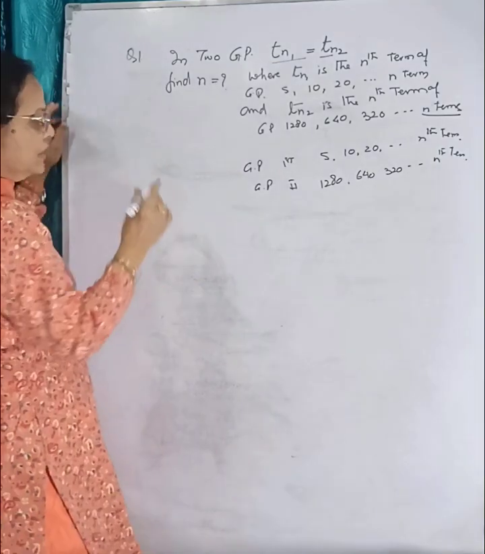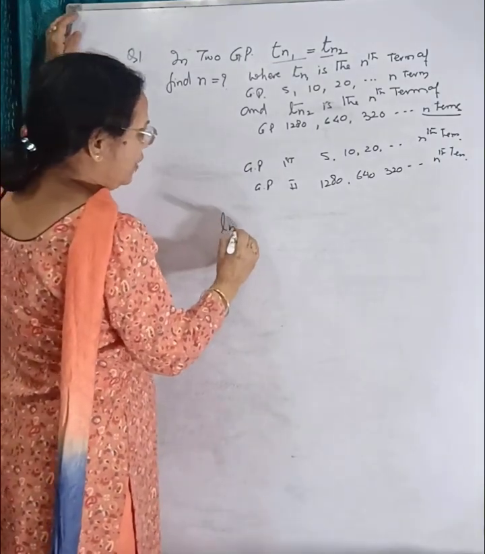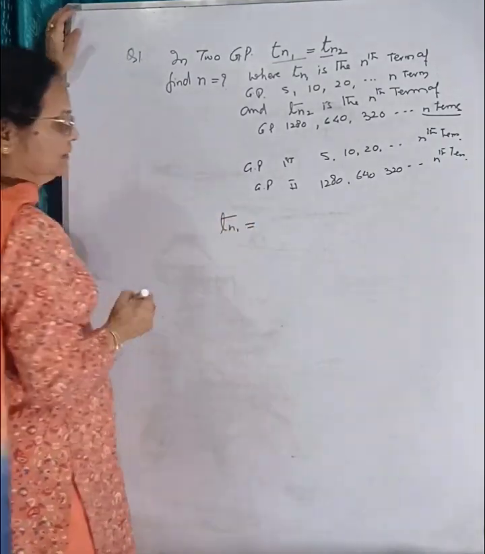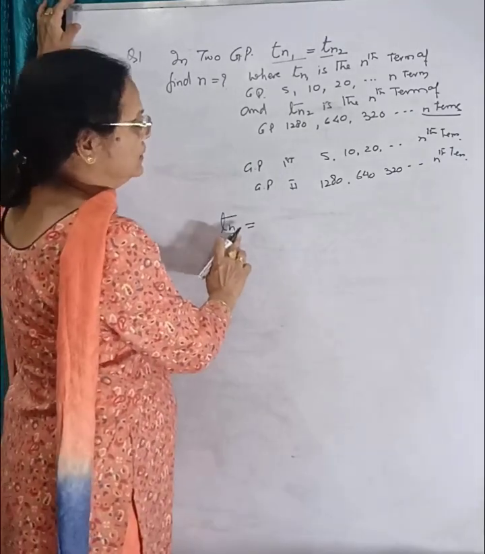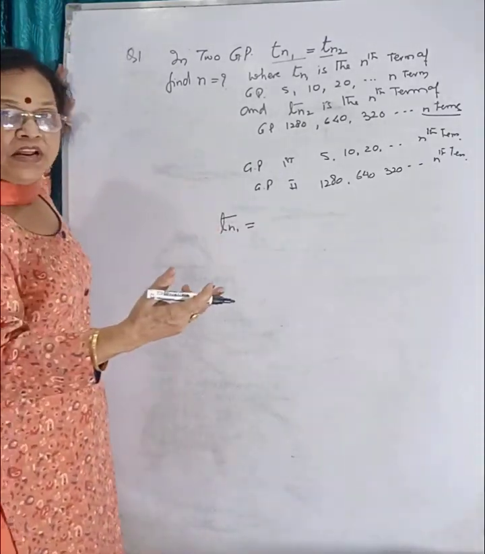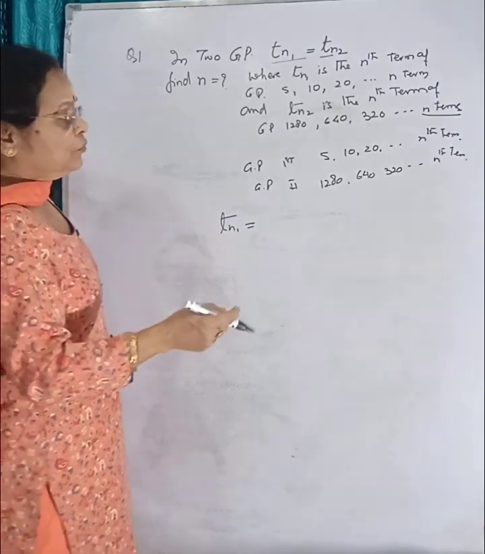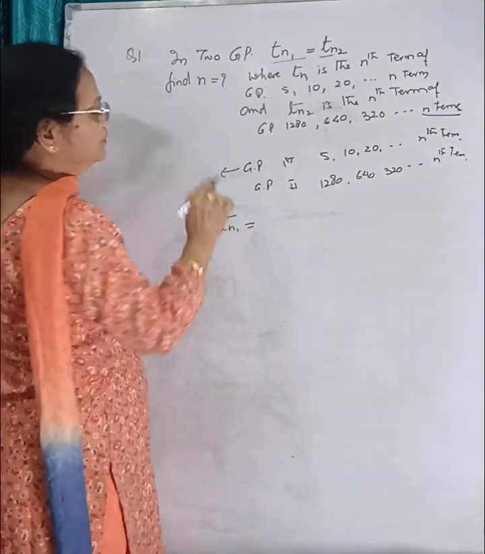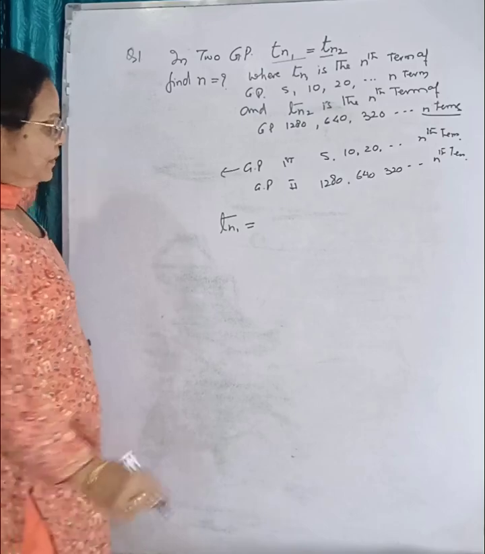So in a general way, Tn1 can be written as follows. We are treating the number 1 as a suffix to show that this is the term of the first GP.